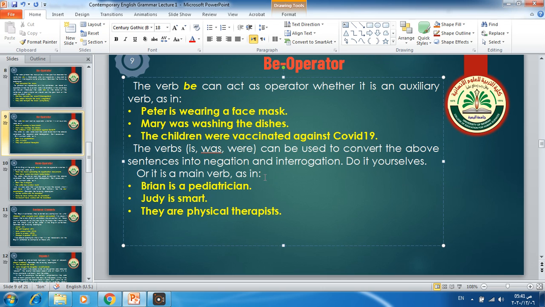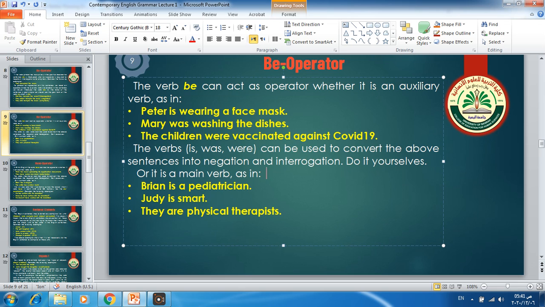Now, if the verbs to be are used as main verbs, so when we use them to refer to a certain type of relationship, this time they also can be used to perform operations on the sentence.